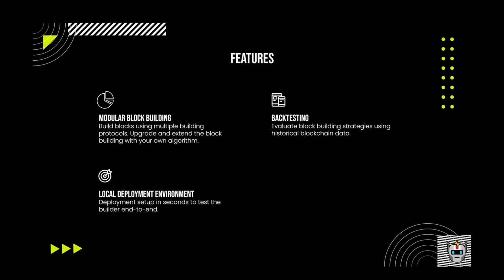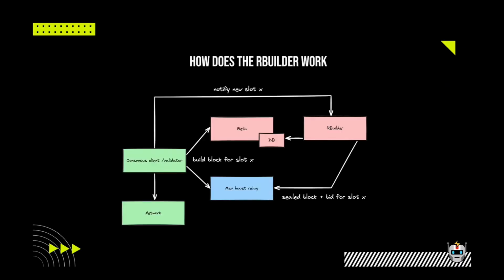And the third point, and this is something we just open sourced a few weeks ago, we have a local deployment environment. As I showed here, in order to test the RBuilder, you have to basically run these 3 and sometimes 4 different services. So that was a huge struggle sometimes when we wanted to do local testing or some CI integrations.